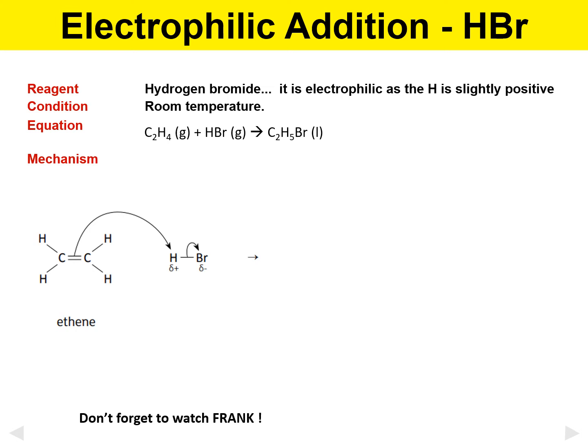If you have a look, you can see the curly arrow is moving from the pi electrons to the delta positive hydrogen, and that the pair of electrons in the hydrogen-bromine bond are moving to the bromine. This bond breaks to form a carbocation and a bromide, and the lone pair on the bromide forms a coordinate bond to the carbocation, producing the product bromoethane.